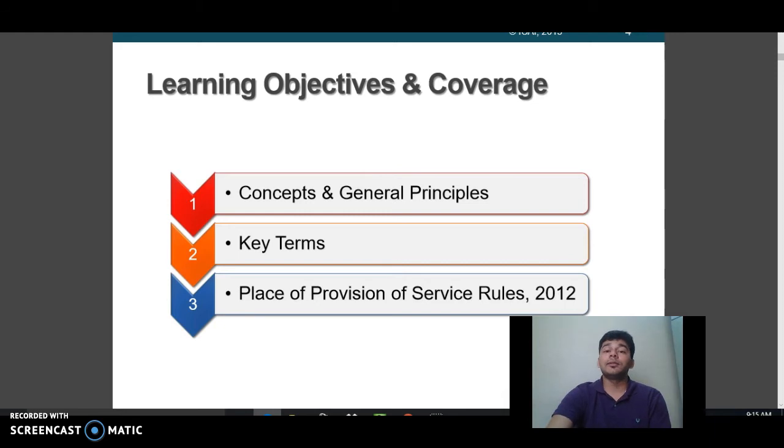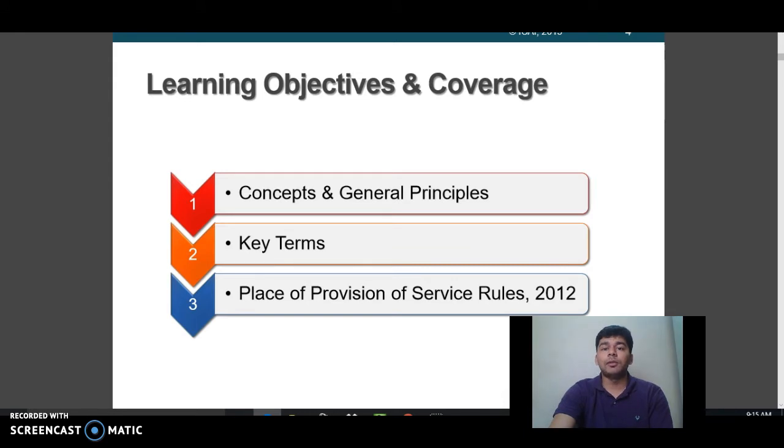So my dear friends, this is how the place of provision of services rules came about, so that certain transactions which can be brought under the ambit of service tax, and were earlier not covered, are now considered.